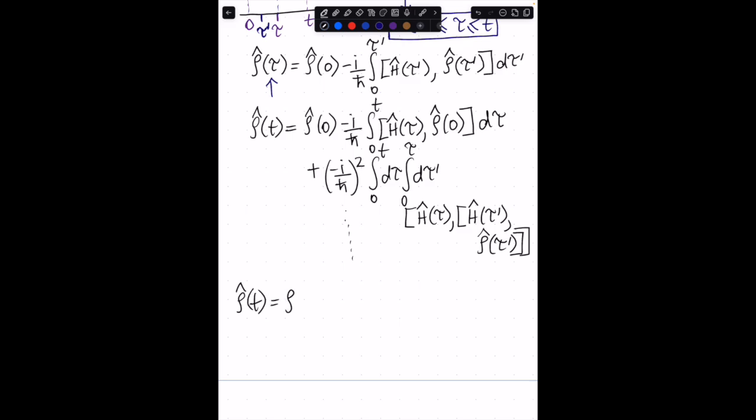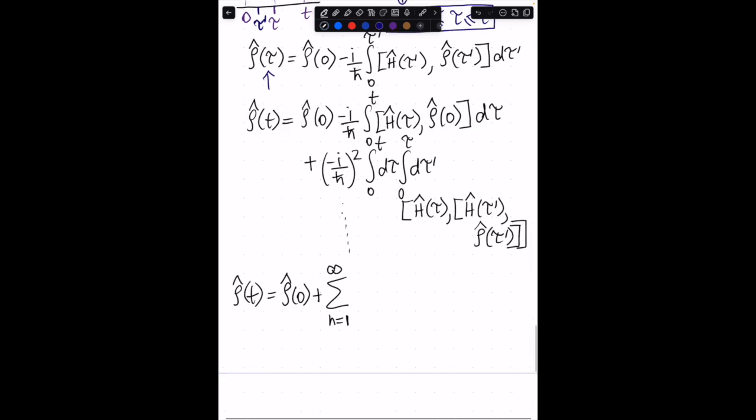Then you get this solution. Rho hat t is equal to rho hat 0 plus the sum from n equal to 1 to infinity. I'm just going to write down the nth term here.